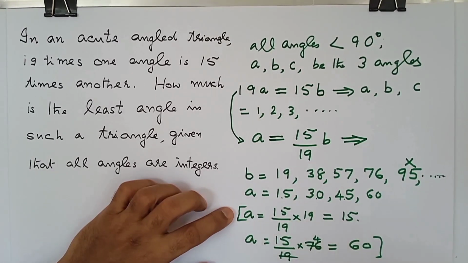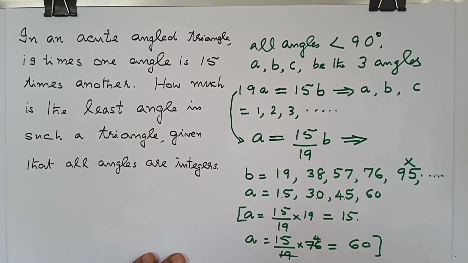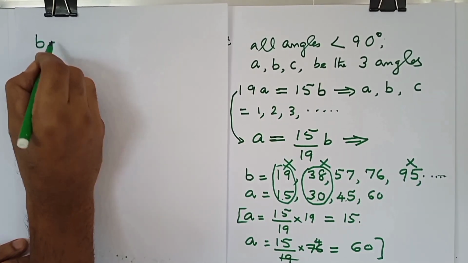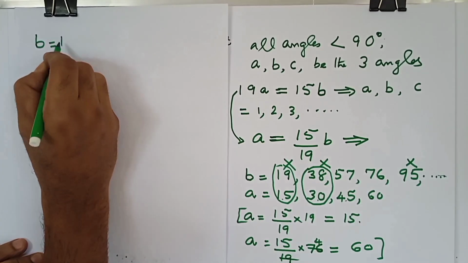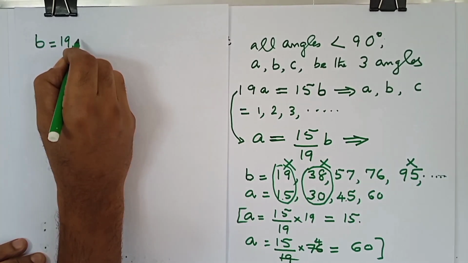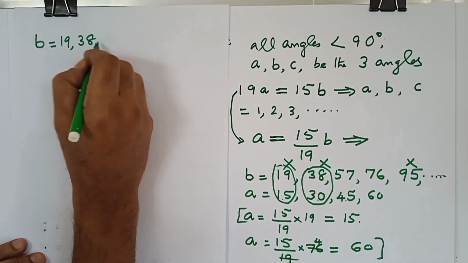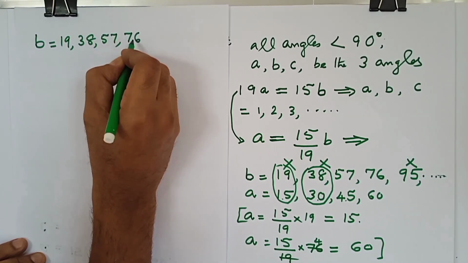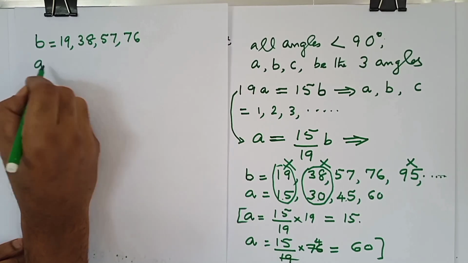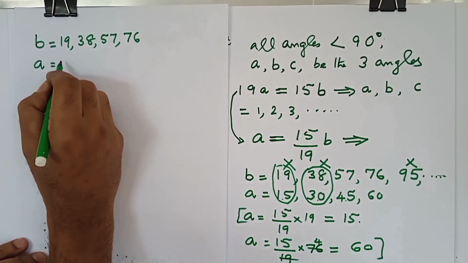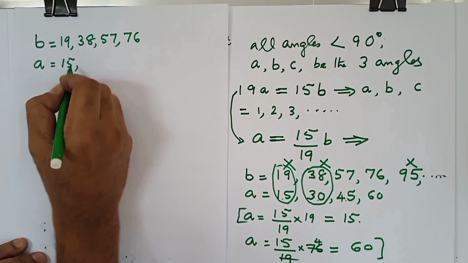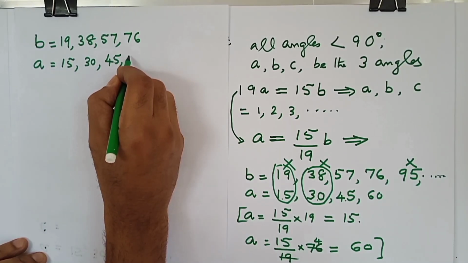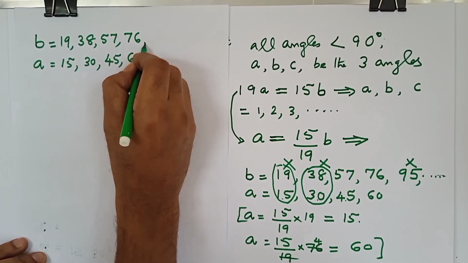Now there is one more angle, C. See, I am writing B and A again to give a better understanding. B equal to 19, 38, 57, 76, corresponding to which A were 15, 30, 45, 60.